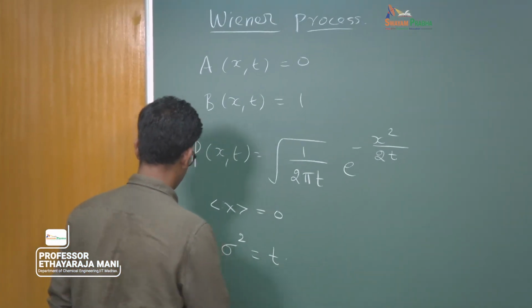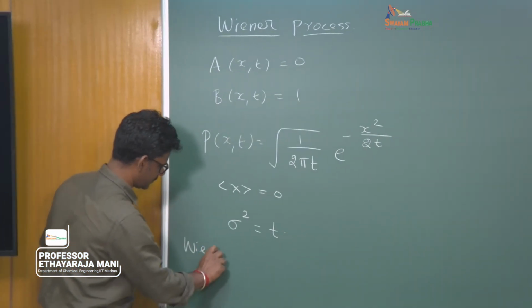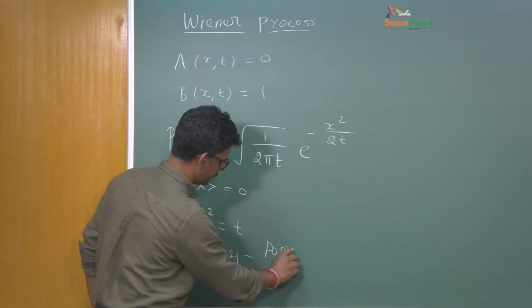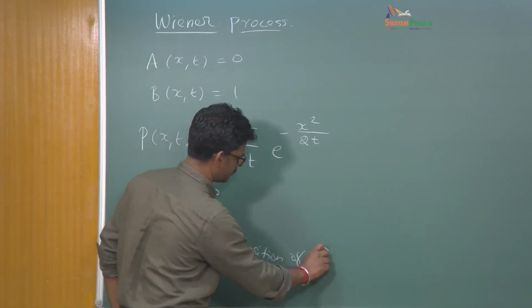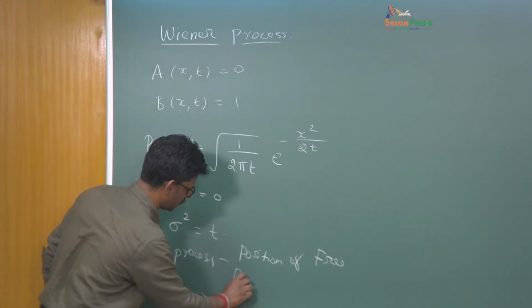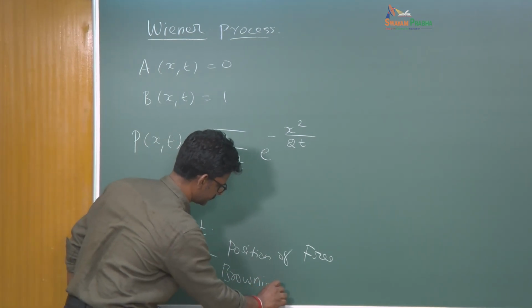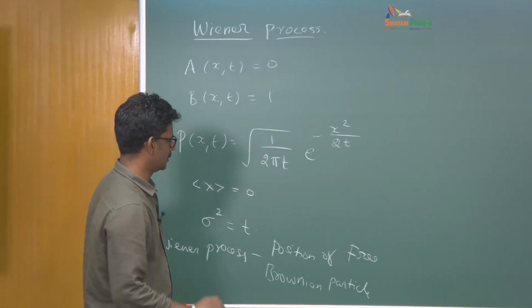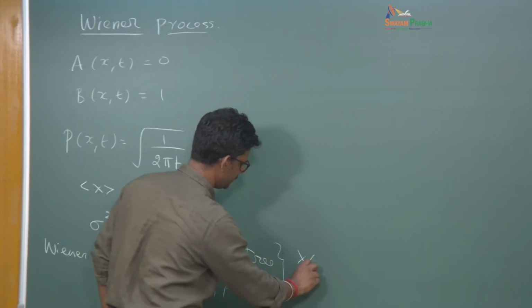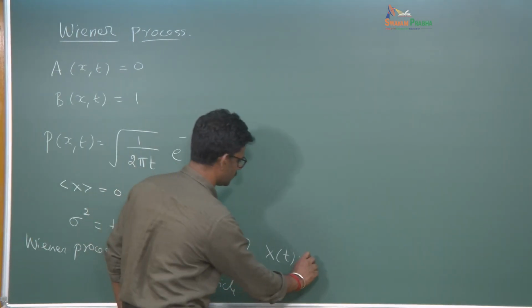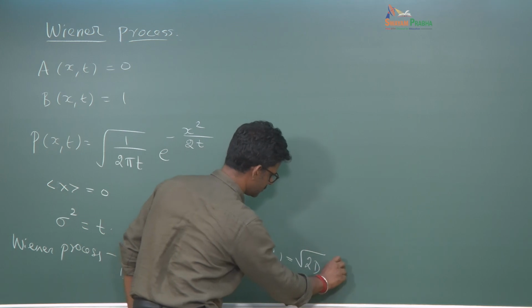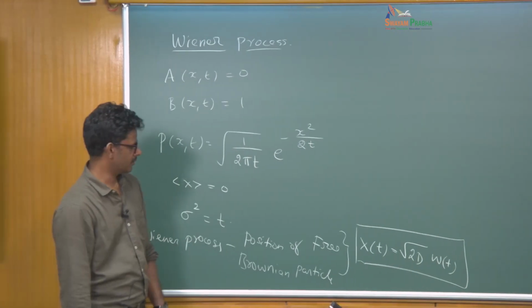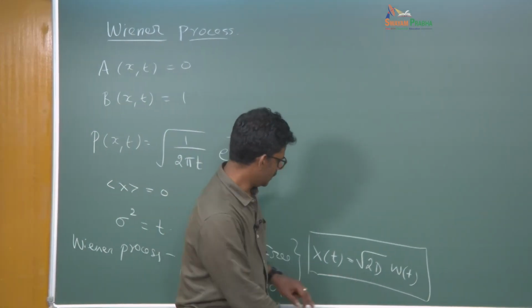Okay, so Wiener process for the position of a free Brownian particle, where x of t is given by square root of 2D W of t.